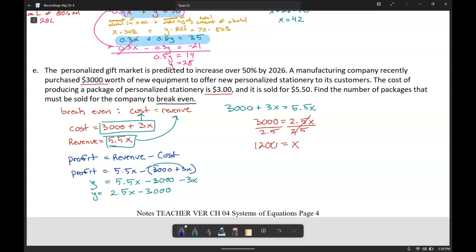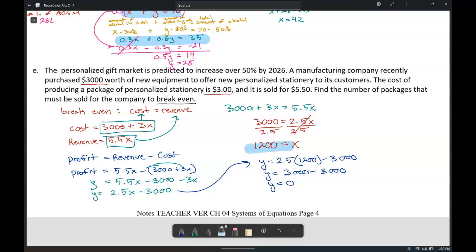And since it's a break-even point, it should be 0. So we'll take y equals 2.5 times 1,200 minus 3,000. Well, that does indeed give us 0. So we see that this is our break-even point. They've made no profit, but they also haven't lost any money.